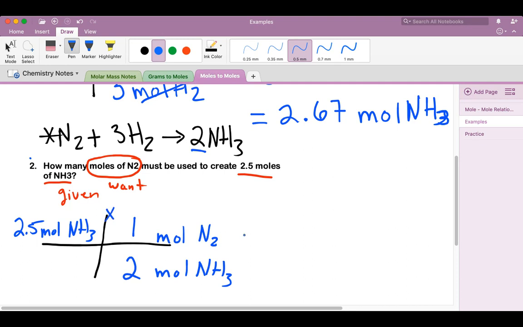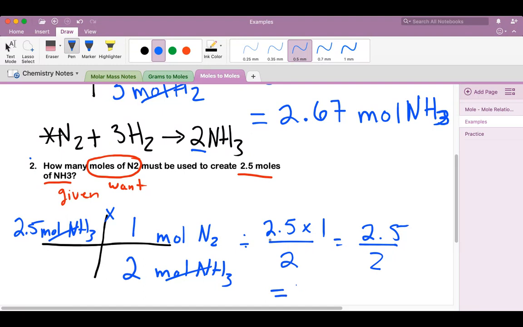So what we got to do is multiply across, divide top and bottom. Moles cancel with moles. So I'm left with 2.5 times 1 divided by 2. So 2.5 times 1 is 2.5 divided by 2.